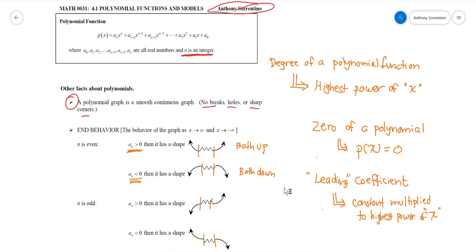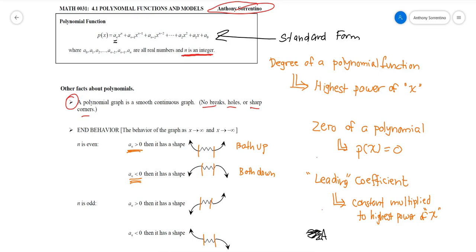Now, when we write polynomials in standard form, the standard form of a polynomial is typically written from highest power to lowest power, and that's where the word leading comes from, because this would be the leading coefficient. It's on the highest power of x that you have in your polynomial. Some of the functions you might be encountering may not be written in standard form, so you have to be able to recognize what the leading coefficient is.